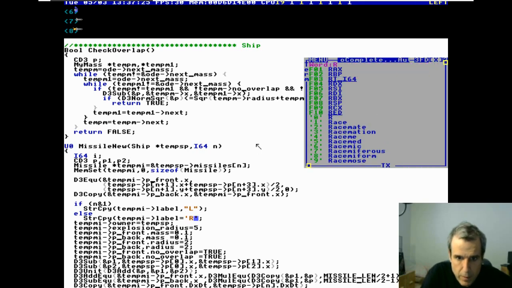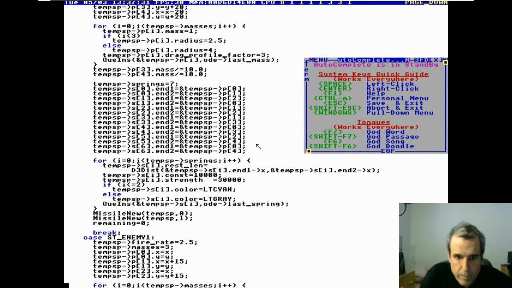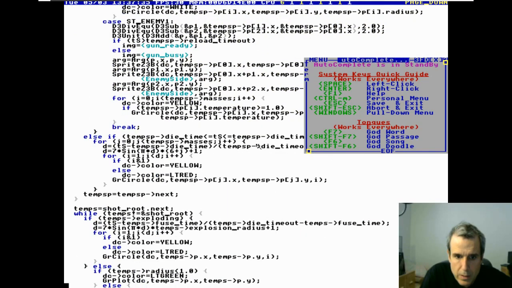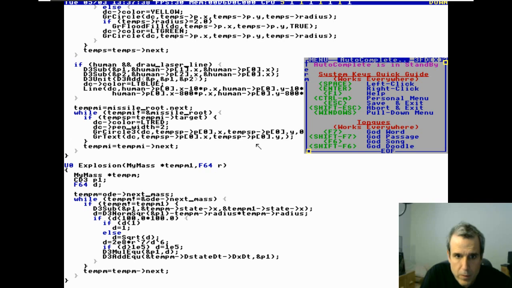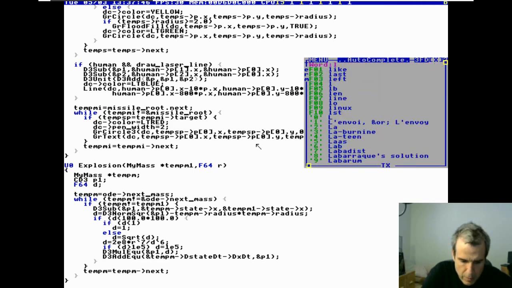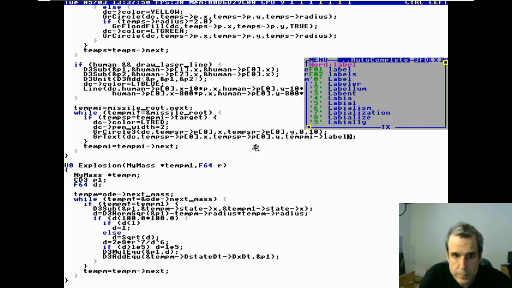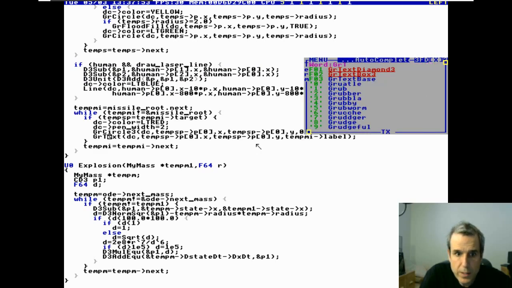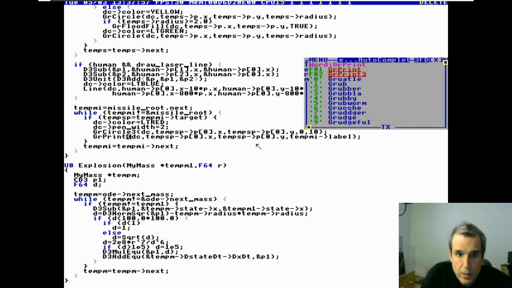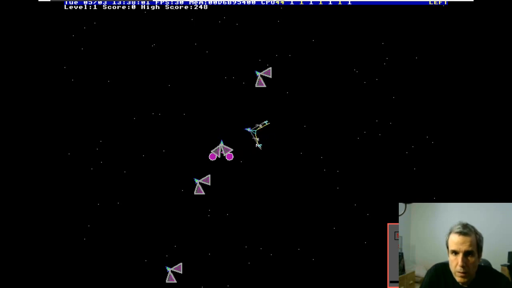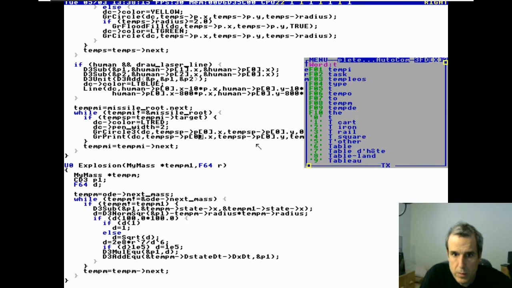String copy. Right. Okay. GR print. Print. Okay.